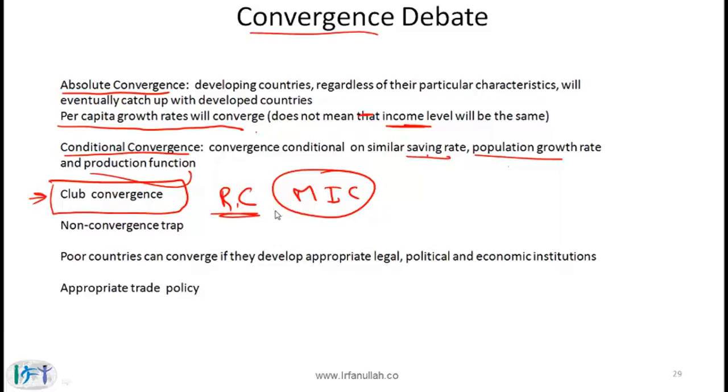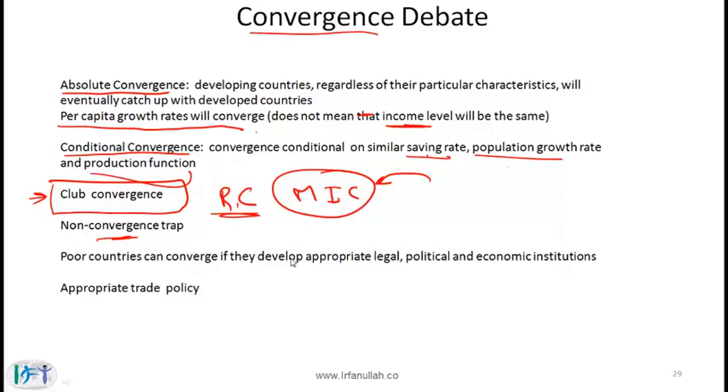And from an investor perspective, it makes sense to invest in these middle income countries. There are other poorer countries that are caught in a non-convergence trap. So for various reasons, these countries will not, or at least according to this theory, they will not converge with the developed nations. Now, what are the criteria or characteristics of a country that will allow it to converge?